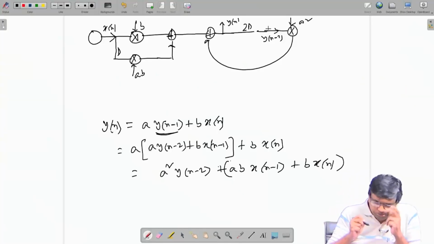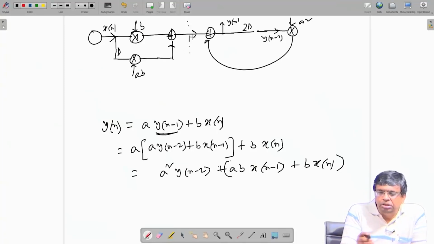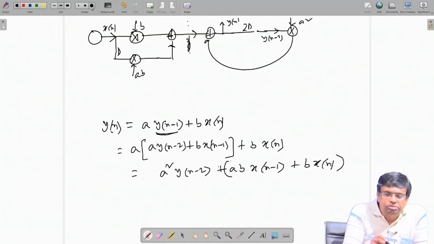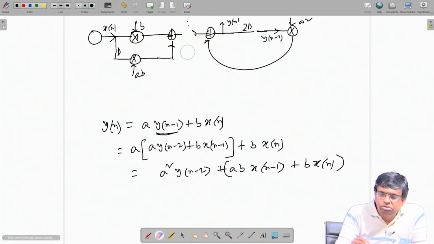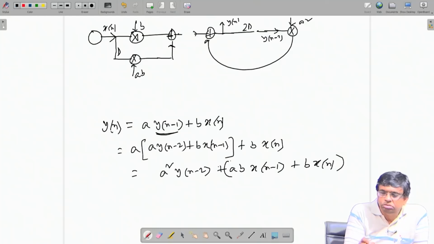Now, as before, I have a cut set retiming, the single path in one direction. Okay. This is one sector, this is another sector. I happily bring one delay here. Okay.